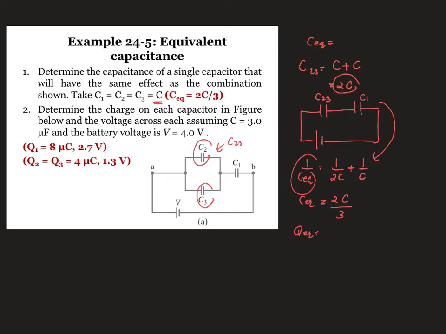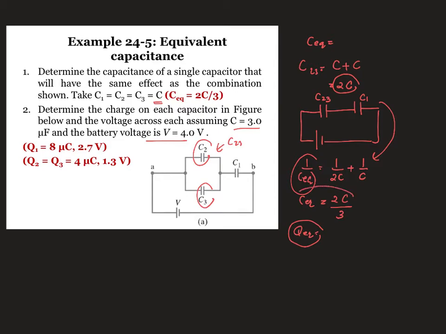That's the trick. Find the C equivalent first, and then find the total charge, which means the total charge moving because of this potential difference and because of this capacitance, because charge comes from the capacitance. For example, in question 2, determine the charge on each capacitor. Like I mentioned before, find the Q equivalent first, but here they already give you the value of C and the value of voltage.